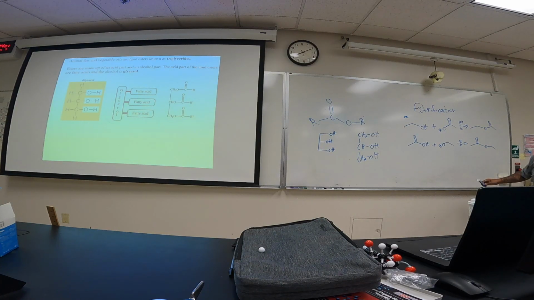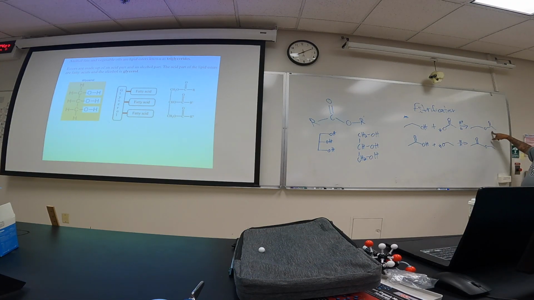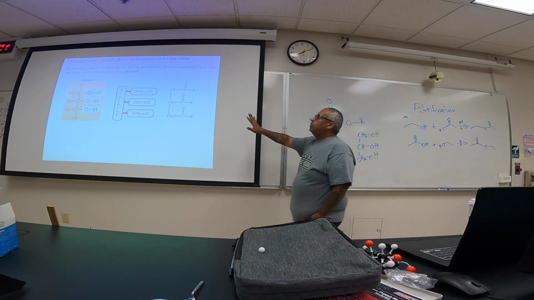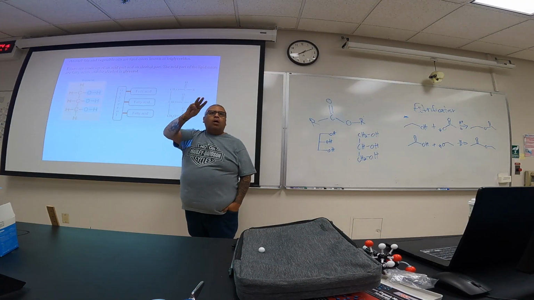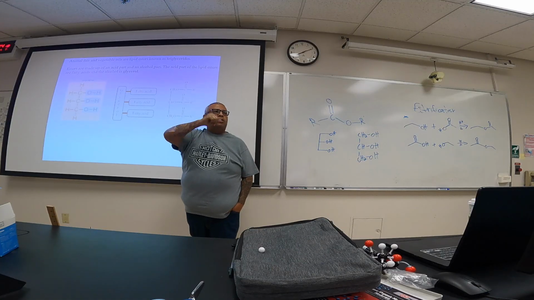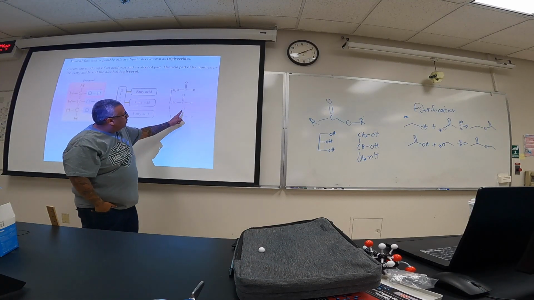But this is an esterification reaction, right? We take some carboxylic acid, we add an alcohol, and we get this ester, right? That's our ester. And that's all that a triglyceride is. Triglyceride just happens to be 3 esters on the same molecule, right? This is an ester, this is an ester, this is an ester.